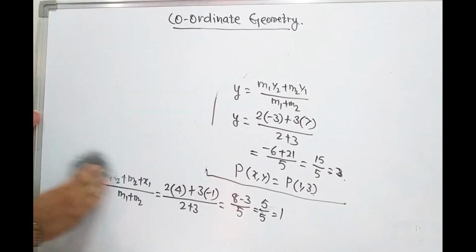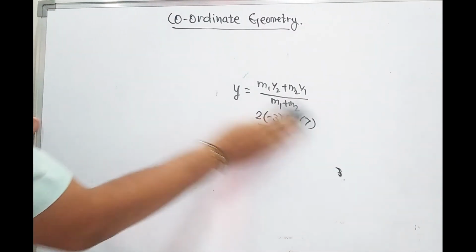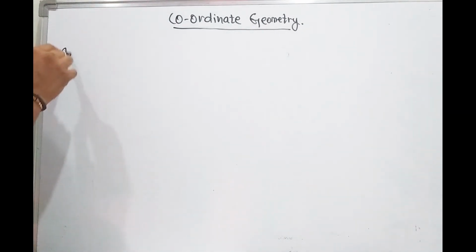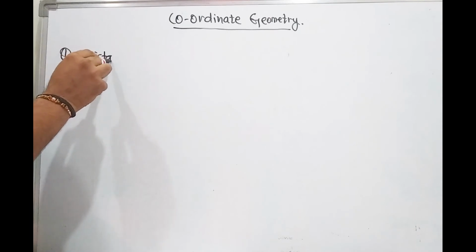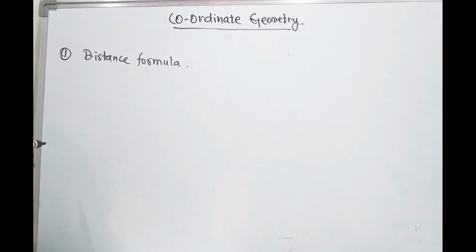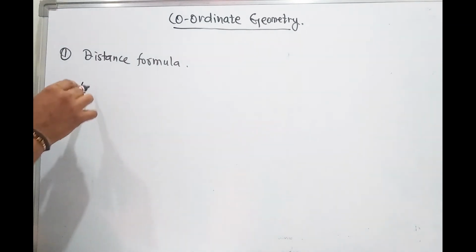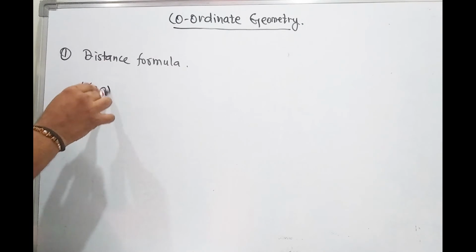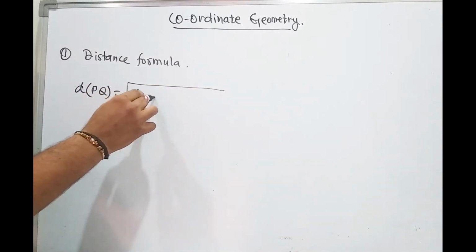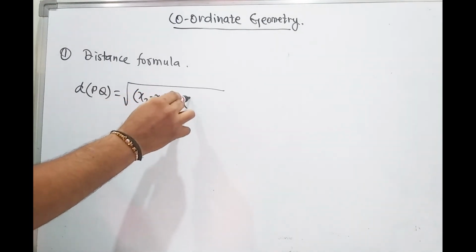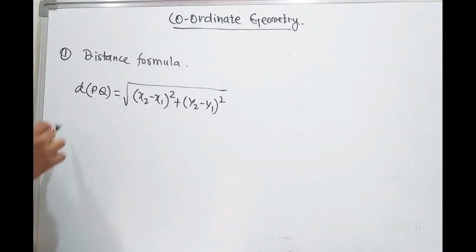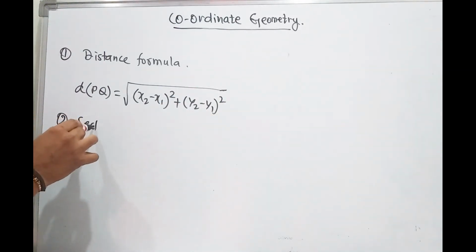So friends, in this particular video we have covered the coordinate geometry, in which we studied, first one is distance formula and second one is section formula. And what is distance formula? Distance PQ, where P and Q are the points. We can write the distance formula as square root of x2 minus x1 whole square plus y2 minus y1 whole square. And second one is section formula.